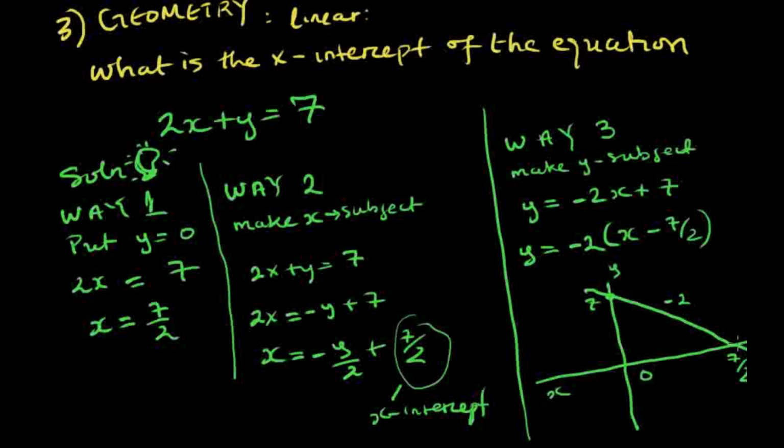So it means that the point where this line cuts the x-axis is at the point 7 over 2. So the x-intercept, according to this particular case, which I'm going to treat more later on in the course of this tutorial, is 7 over 2. So we got 7 over 2 in all cases. So that's about geometry. Then let's come to trigonometry.